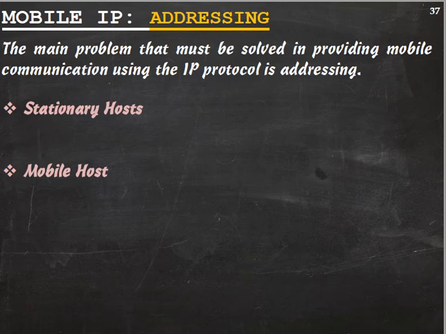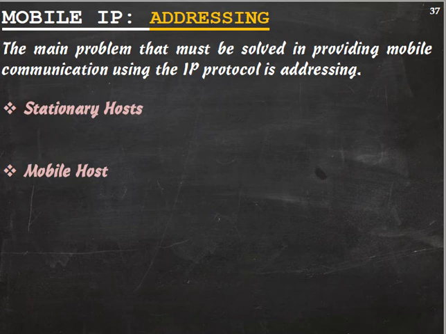Stationary host. The original IP addressing was based on the assumption that the host will be stationary, that is, attached to one specific network. A router will use the IP address to route the packet, or IP datagram.